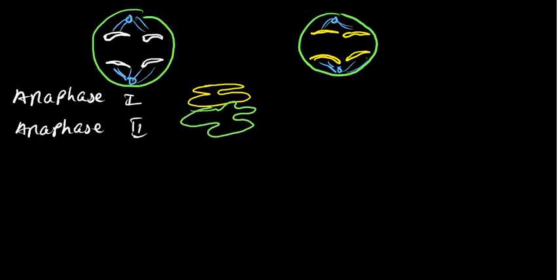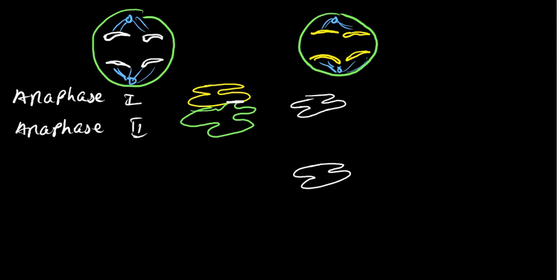So what separated in anaphase 1 where this was a pair of chromosomes which we call the homologous chromosomes, was these homologous chromosomes which separated from each other. The point which separated was the chiasma point. So they detached from each other, thereby moving to the opposite side of the cell. So we had this.